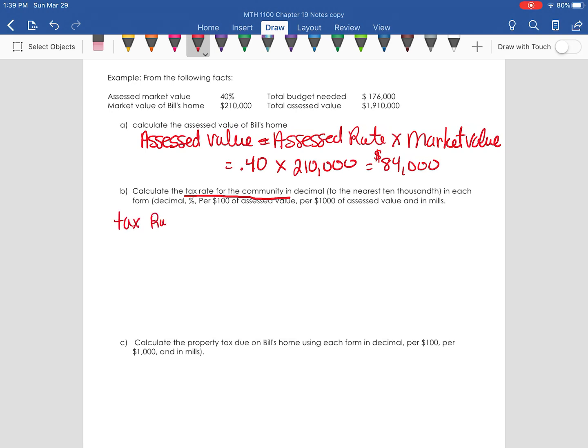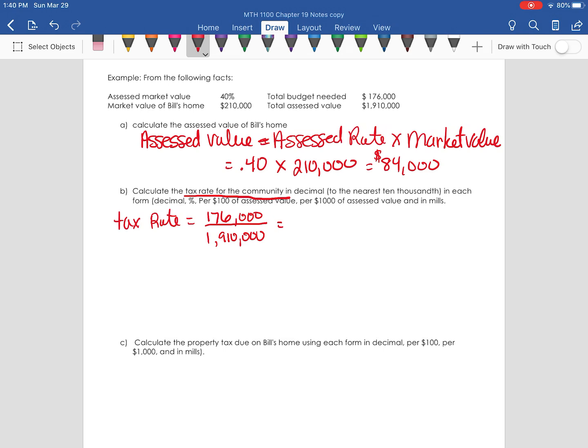Okay, so the tax rate, we got that, remember, from taking the total budget needed, which is given up at the top, which is $176,000, and we're going to divide by the total assessed value, which is also given, which is $1,910,000. And this will always give it to us per $1.